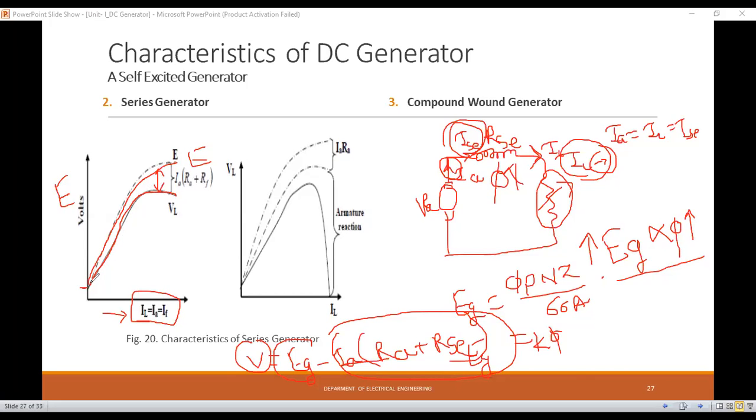It lies below the induced EMF curve, that is, VL below E.